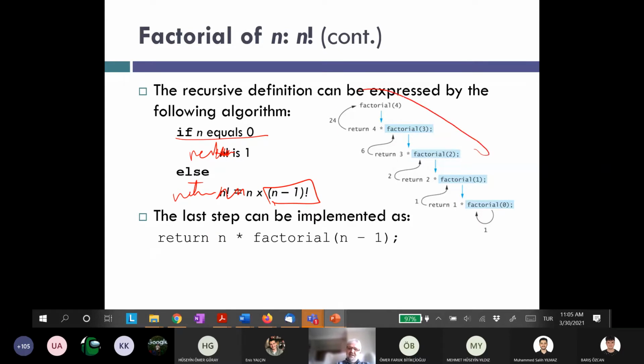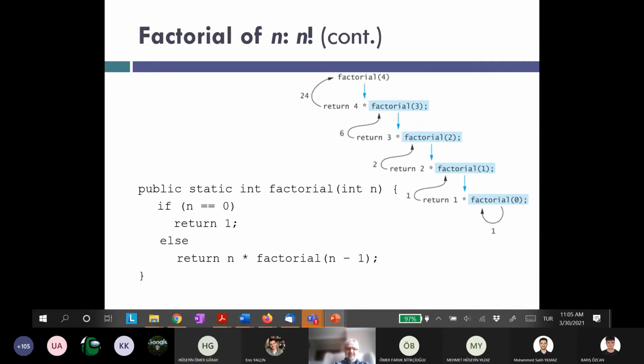Of course, you can look at these nested calls, one after another, of the factorial method for different values, but it is not easy to trace these calls. But it is easy to validate this algorithm: if n is equal to 0, whether it is correct or not. Yes, it is correct.